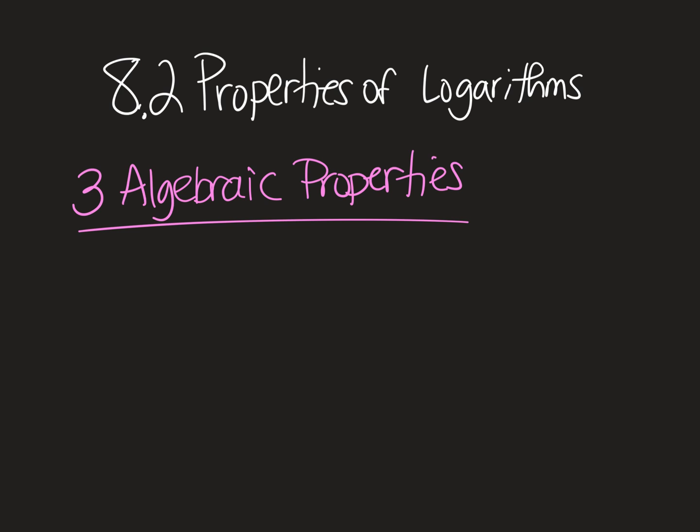We'll look at it in a more generic algebraic form, and then we'll throw some numbers in it to make sure we understand it. We'll do that for all 3, and then we're going to look at some examples of how to use them. So let's start with the first property, which is the product property.